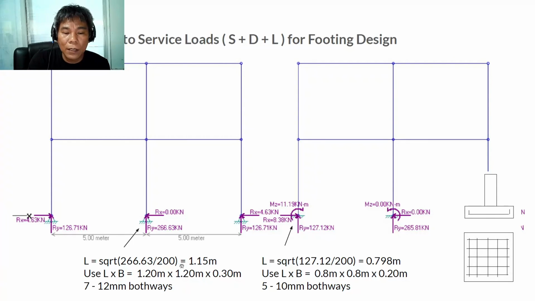So the length is 1.15 meter, or approximately 1.2 by 1.2 by 0.3 meter, with 12 mm bars both ways. I just computed it myself using the design concept from the beam. So here, this is around 0.8 by 0.8 by 0.2.